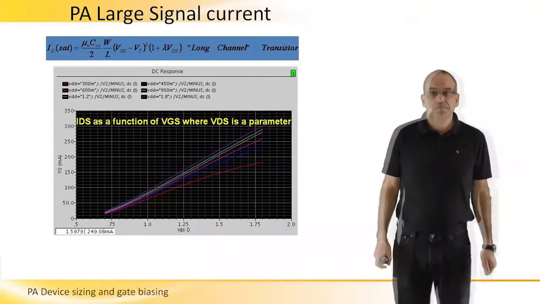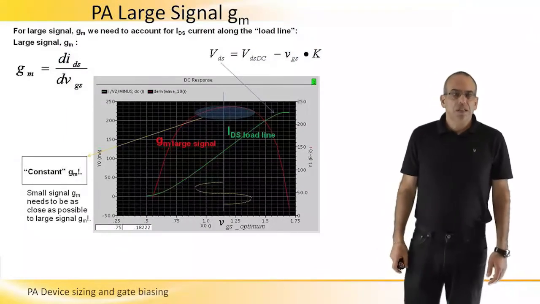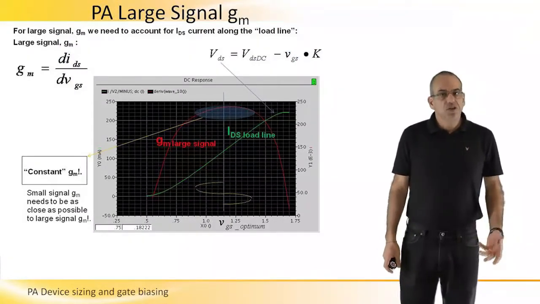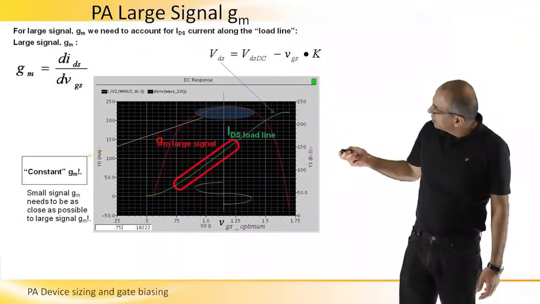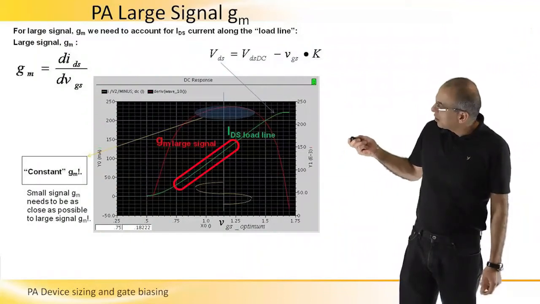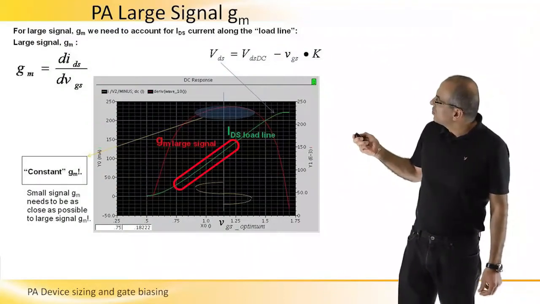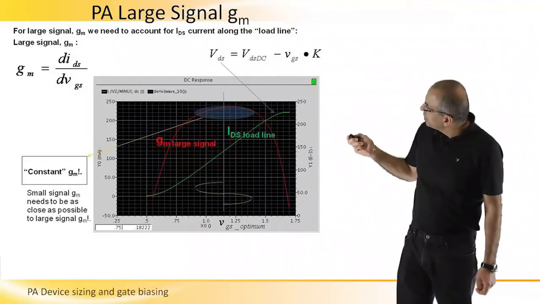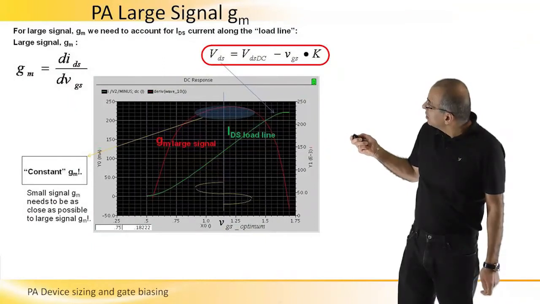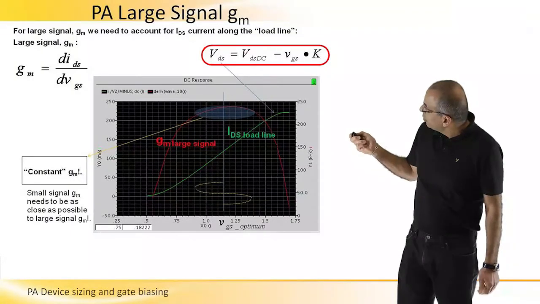But there is some dependency and we need to account for it to have more accurate calculation of the GM later on. For a large signal GM calculation or derivation, we are looking at the ID versus VGS along the load line. So this is the VDS along the load line, and we need to remember that VDS is not constant because at AC it is changing with this factor.